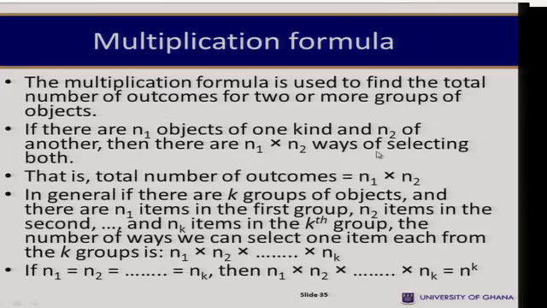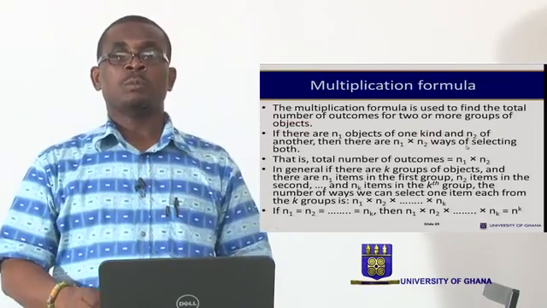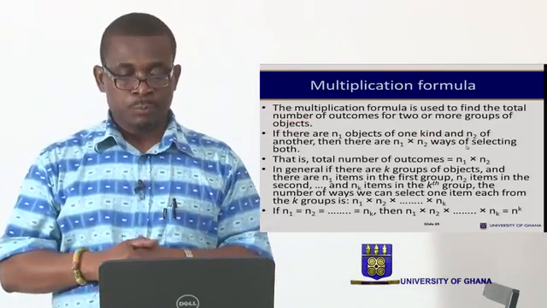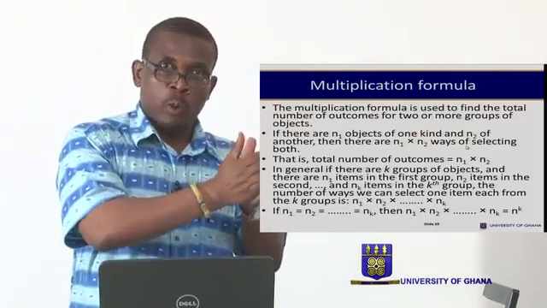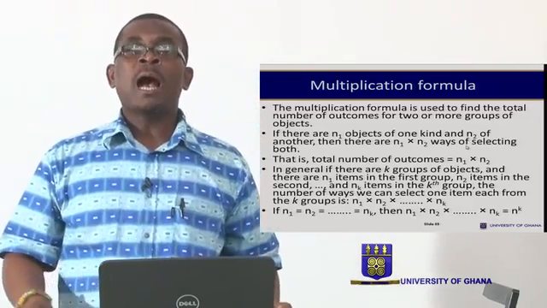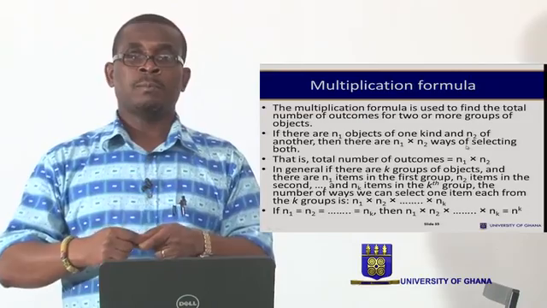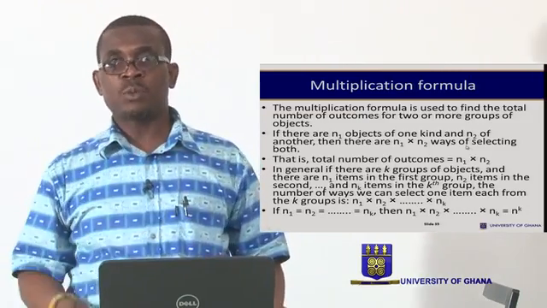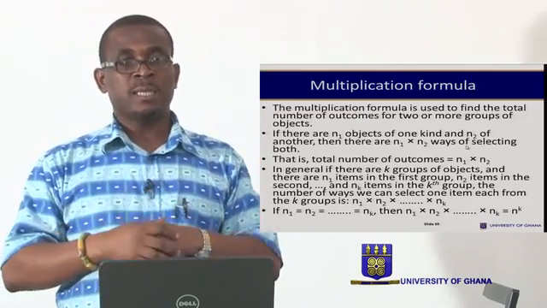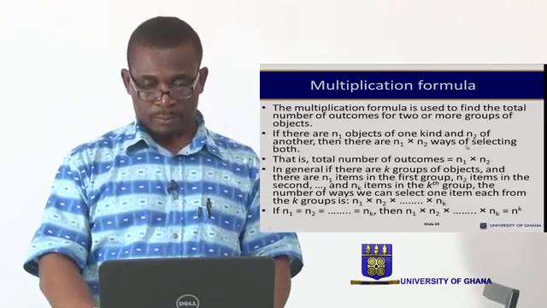In other words, assuming there are 2 boys and 3 girls, one kind is boy and there are 2 of them, and one kind is girls, there are 3 of them. We want to find out how many ways a family can have 1 boy and 1 girl. It is simply 2 times 3, which is 6, right? So there are 6 ways in which you can have 1 boy and 1 girl.